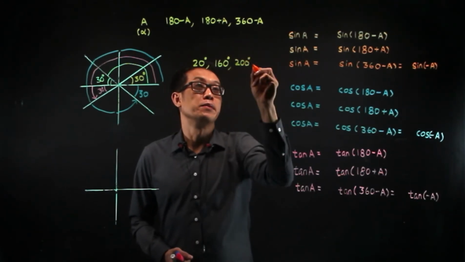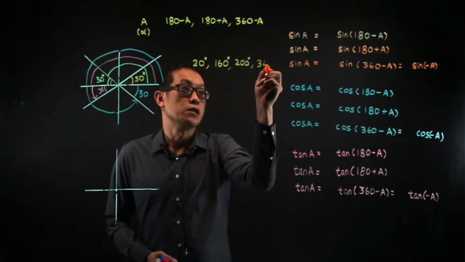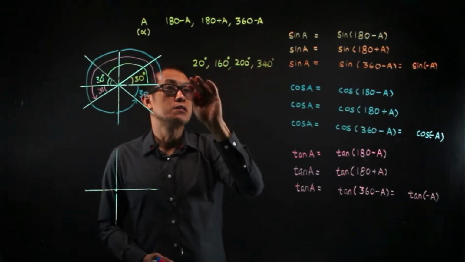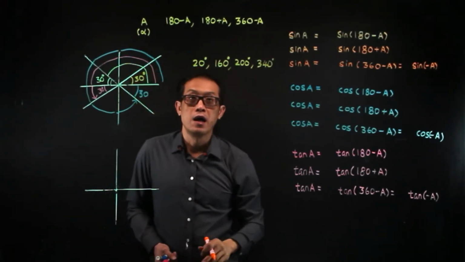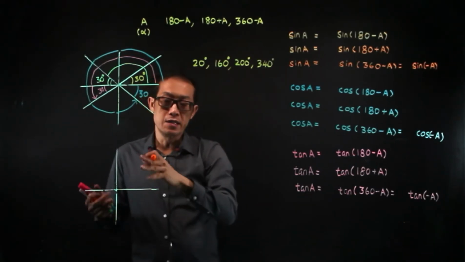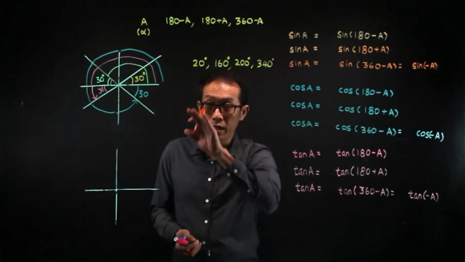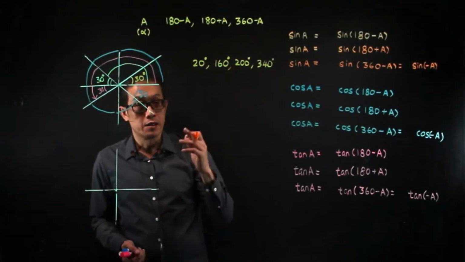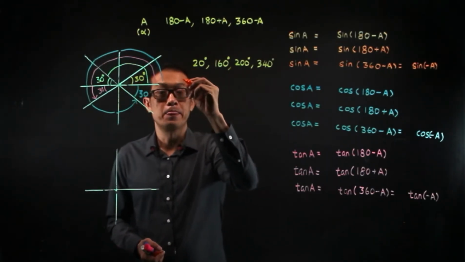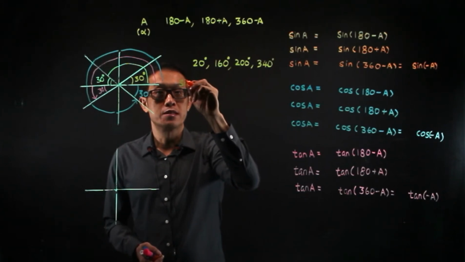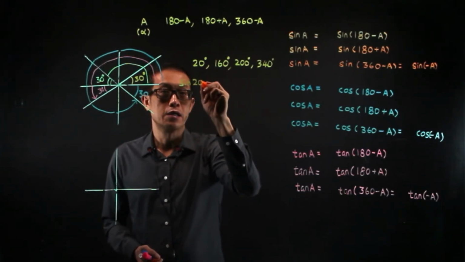And the last one will be 340. These four angles are angles in the first four quadrants that have the basic angle of 20. Now let's press a calculator. Let's put sine 20.